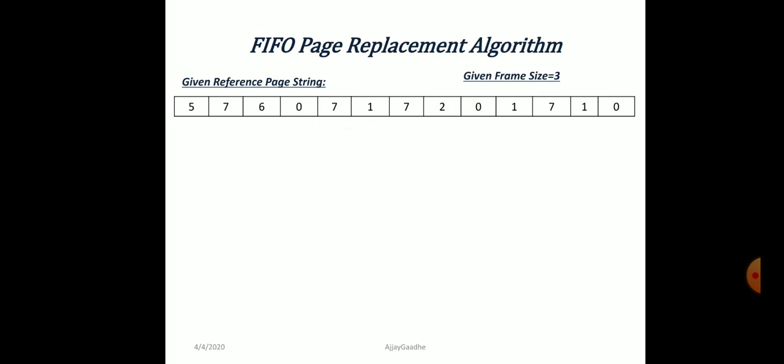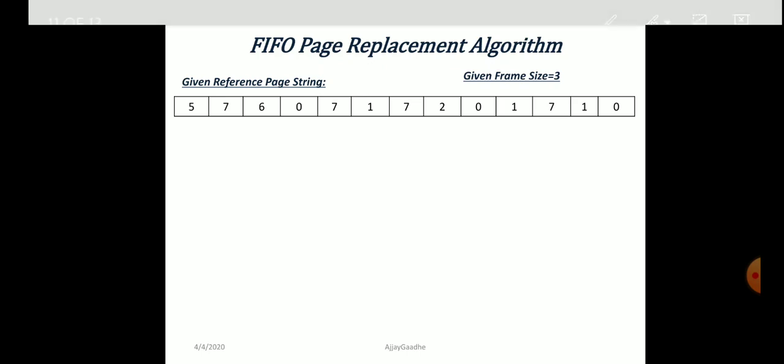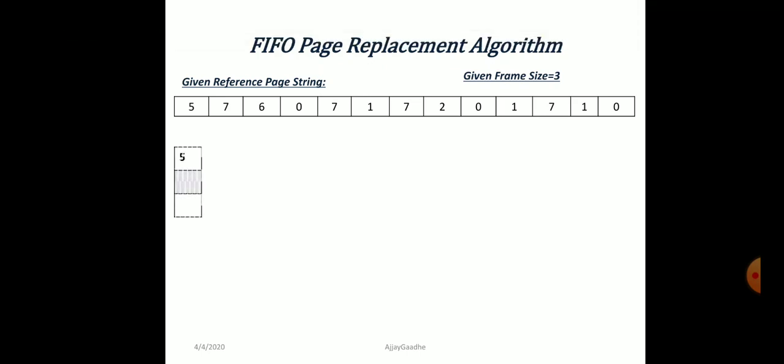In the last lecture I explained how to solve this using FIFO and LRU, so let's start with this. The frame size is 3, so the main memory has 3 slots. The first page comes in, the instance is now 5. Next requested page is 7. As a frame is available and 7 is not present in the main memory, it is a page fault.